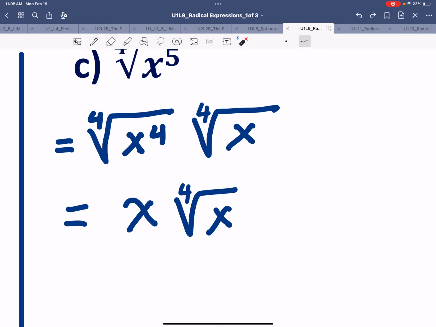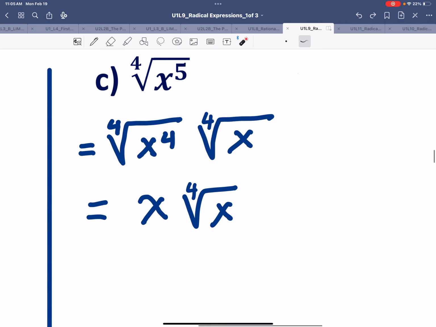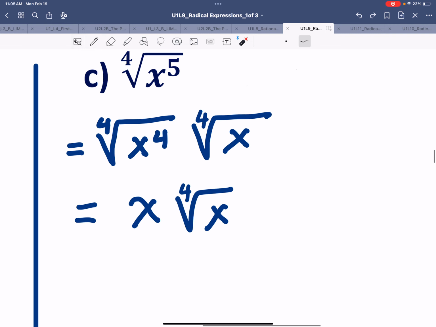Now, we're going to say that in this case, believe it or not, and you're probably thinking that, oh, we need the absolute value. We won't need absolute value. So why is that? The reason is that in the rest of the radical expression in here, we have the fourth root of x. And the fourth root of x won't exist if x is less than 0. So we can look at it this way.